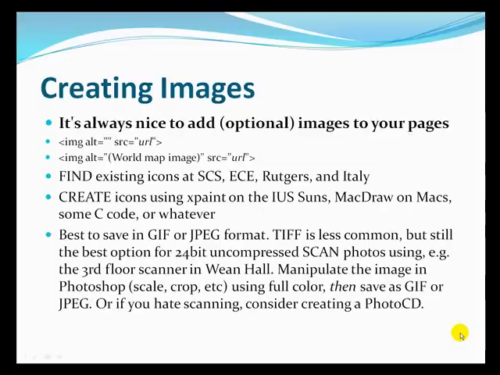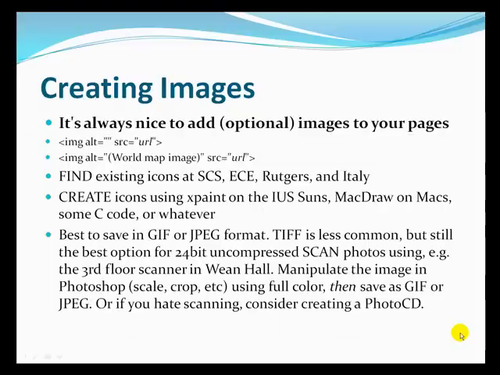Find an existing icon at SCS, ECE, Rutgers, and Italy. I had icons, but I didn't put them in, so you can just imagine there are icons there of SCS, ECE, Rutgers College, and Italy. Create icons using Xpaint on Suns, MacDraw on Macs, some C code or whatever.